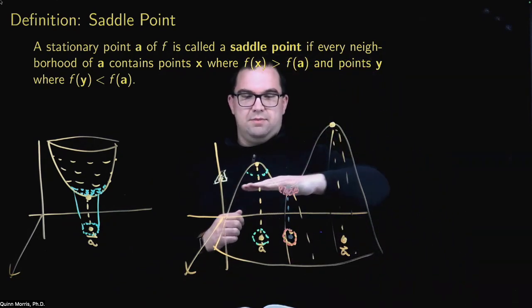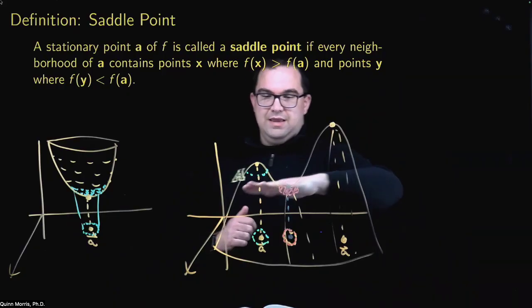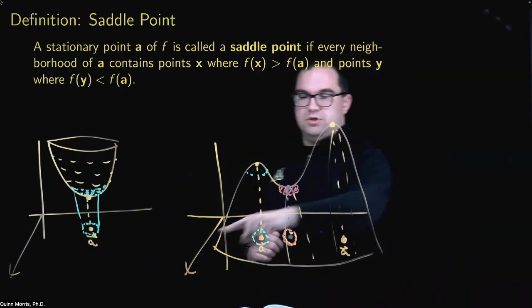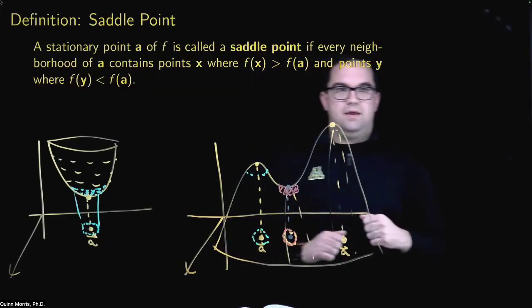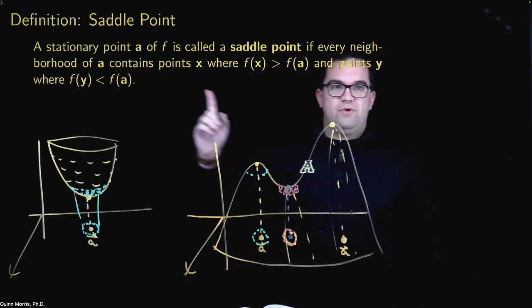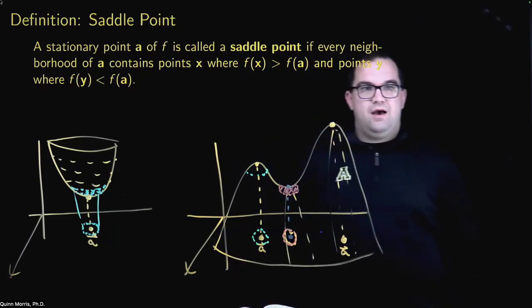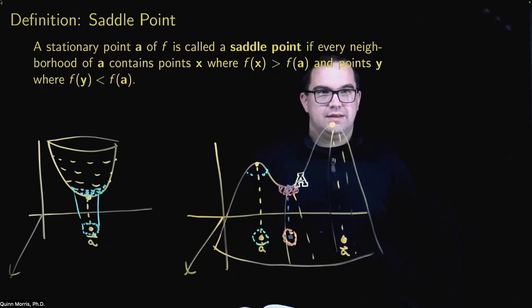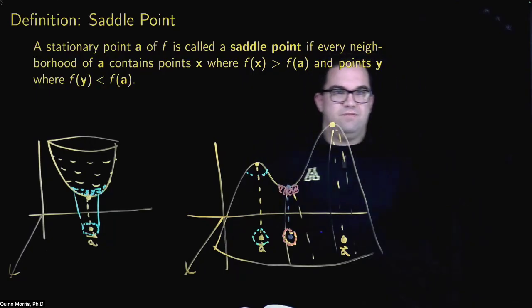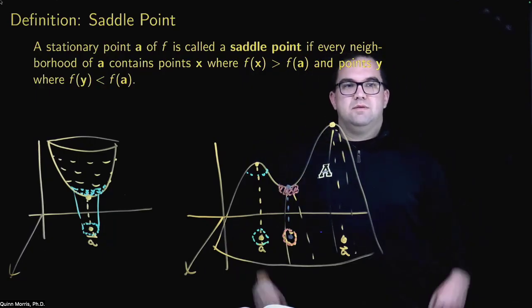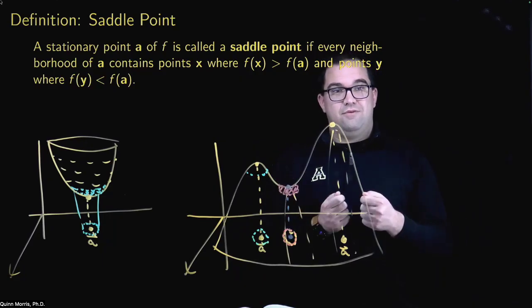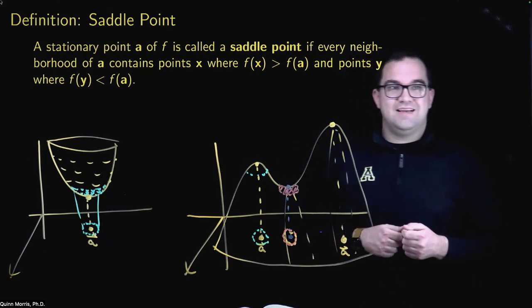If I think about the tangent plane here, it needs to be a horizontal plane, parallel to the xy plane. Okay. So if we have a stationary point of f, and that stationary point is such that every neighborhood of that point contains points that are larger than f of a and smaller than f of a, then we call that a saddle point.